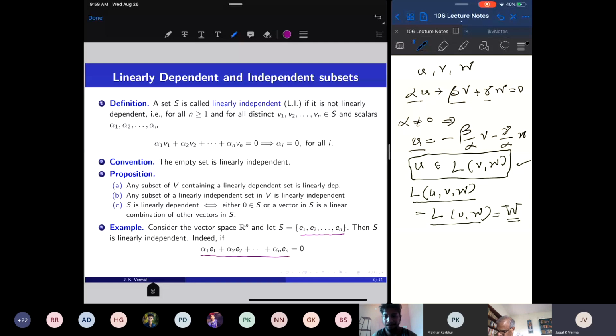This equals 0 if and only if each alpha i is 0. So that says that e1 up to en are linearly independent.